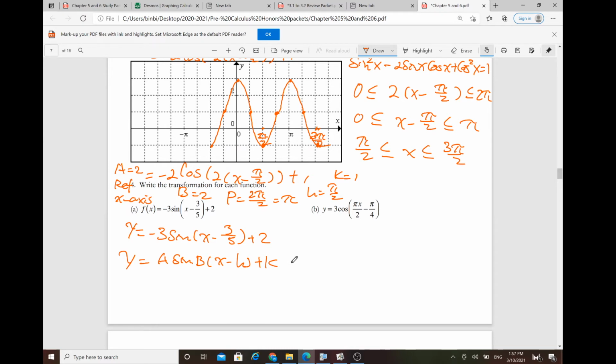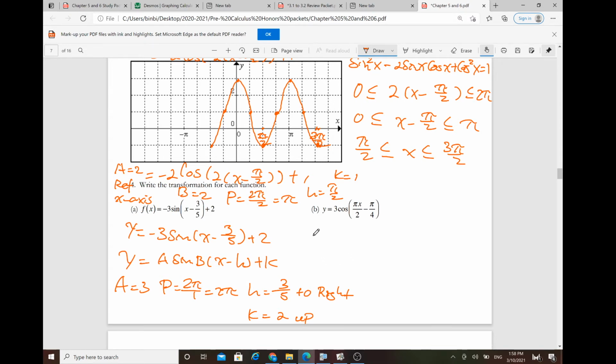So for the transformation, you can just say it's the graph with the amplitude of 3, with the period 2 pi over 1, which is 2 pi, and with the horizontal phase shift, 3 over 5 unit to the right. And then with 2, the value of k, 2 unit up. Okay, so that's how you describe the transformation.